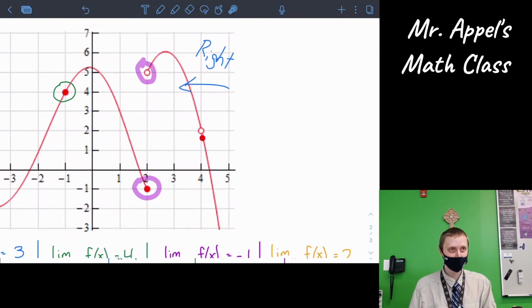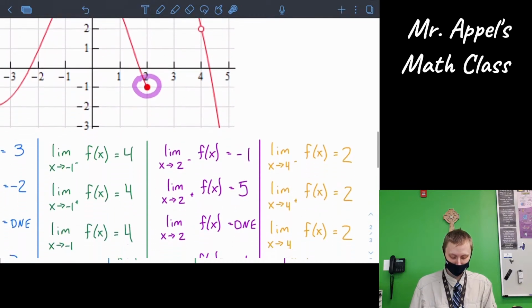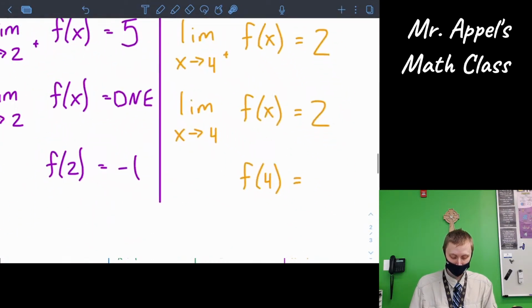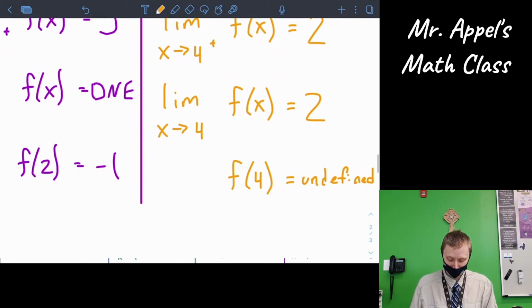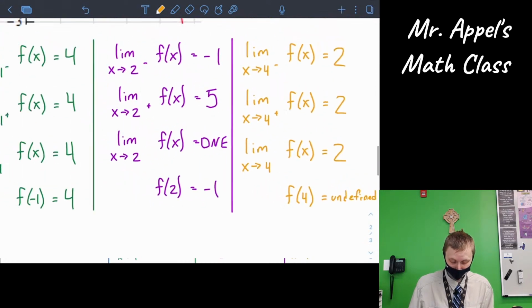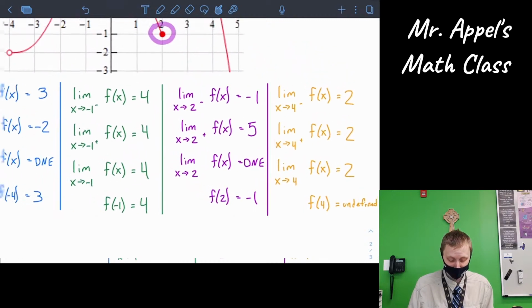The actual function value here is not defined. So this is undefined. Oh, can I squeeze it in there? There we go. The very edge of my paper. Undefined. I wish we could also use D and E, be shorter, but properly we'd say that's undefined.